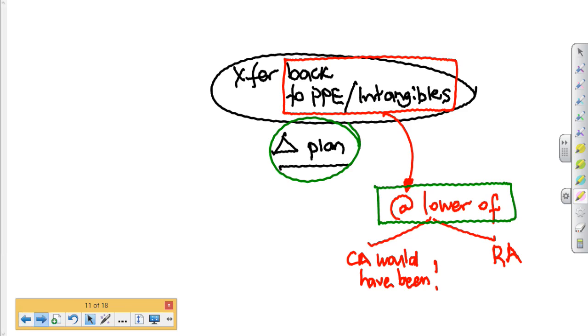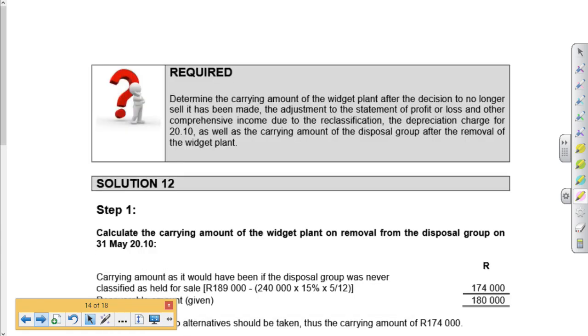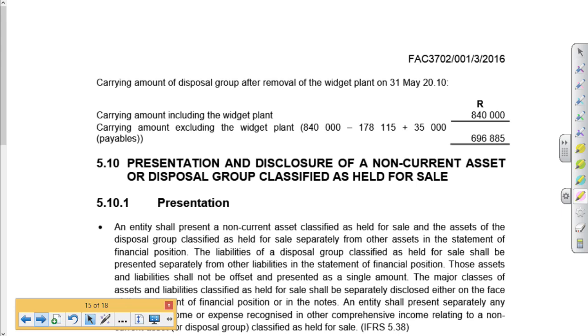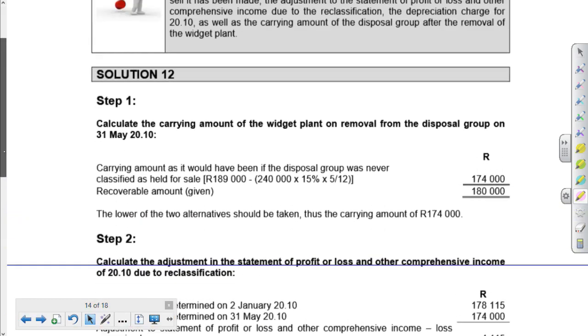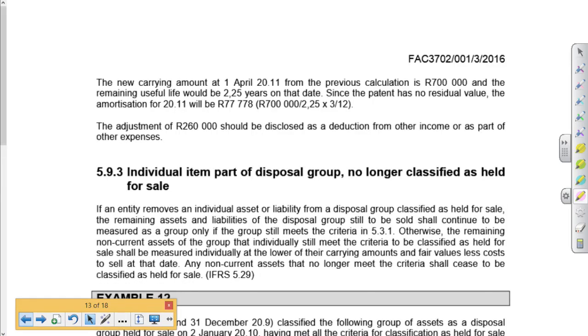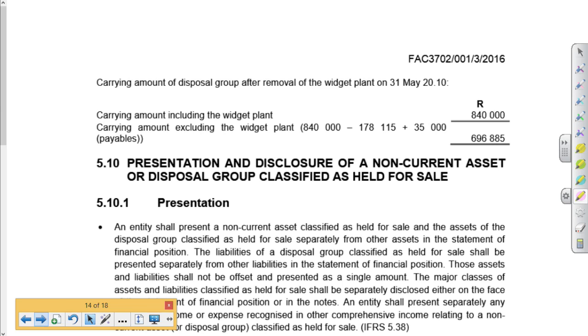To recap, there is an example here, but this example is an example of a disposal group that's reclassified. The rule is the same, so we're not going to look at that.